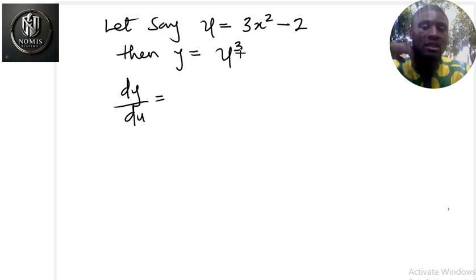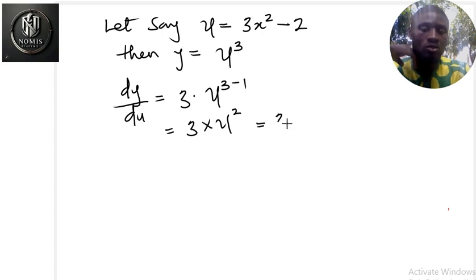This is just by taking the superscript to multiply the entire u raised to the power of 3, then you subtract 1 from that 3. So this is dy/du: 3 multiplied by u, 3 minus 1 is 2, and that is equal to 3u squared. So this is our dy/du.